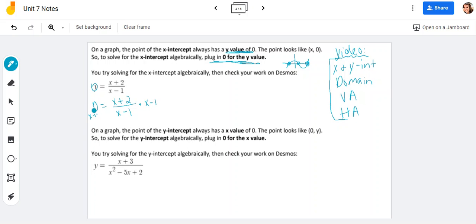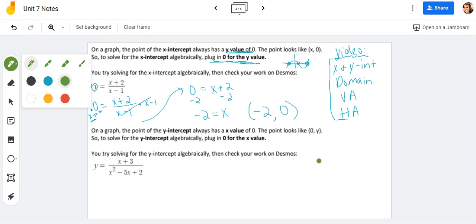So X minus 1 times X minus 1. These would cancel, and then X minus 1 times 0, well, anything times 0 is just 0. So we end up with 0 equals X plus 2. And then I just need to subtract 2, and I find that negative 2 equals X. This is where the X-intercept is. So if I write it as a point, it would look like negative 2, 0.